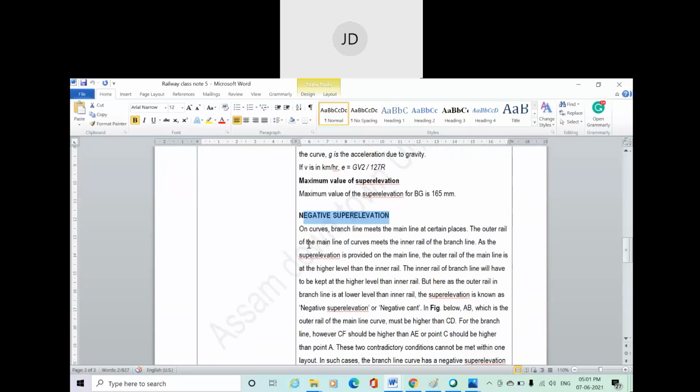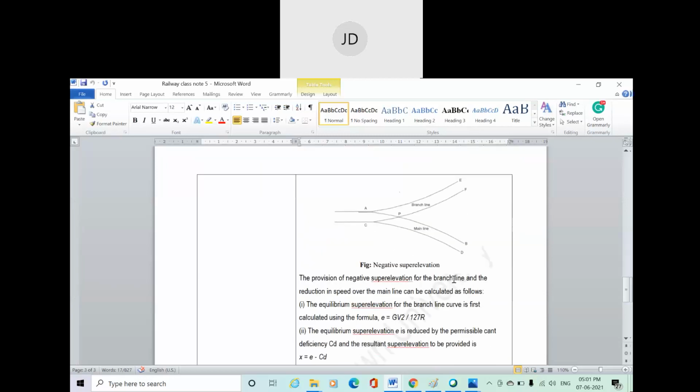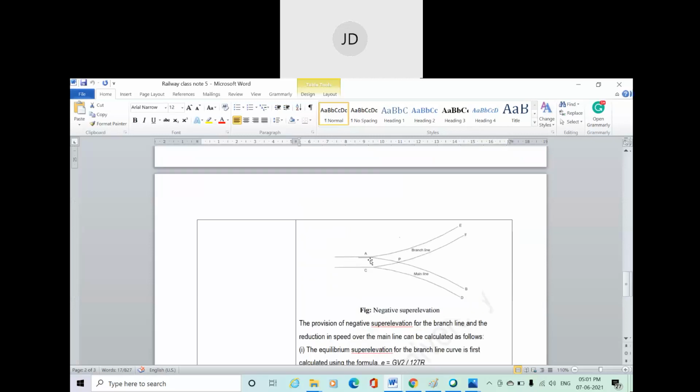So on a curve, the branch line meets the main line at a certain place. The outer rail of the main line of the curve meets the inner rail of the branch line. Now here you can see, at point A, where the branch line generates from the main line, this line represents the outer rail of the main line.